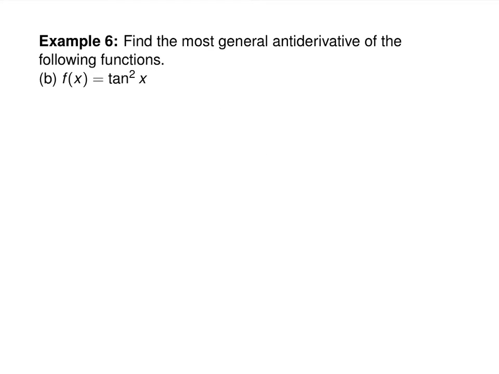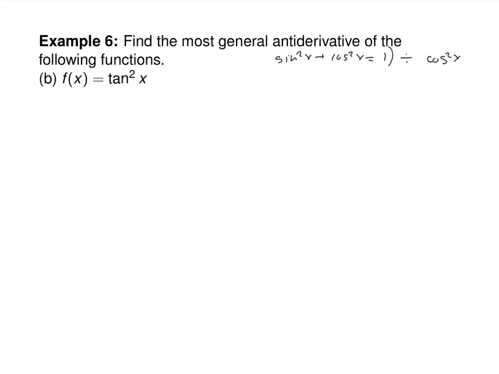All right, tangent squared. You do not know a function whose derivative is tangent squared, do you? No. But you do know that sine squared x plus cosine squared x equals 1, right? So how do you get the identity that involves tangent? Divide by cosine squared.